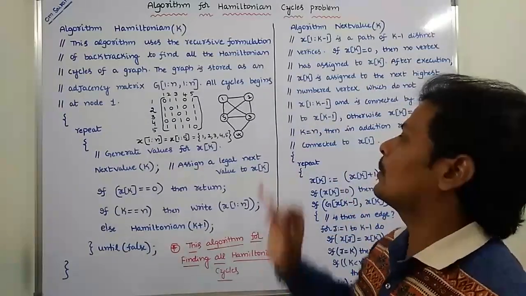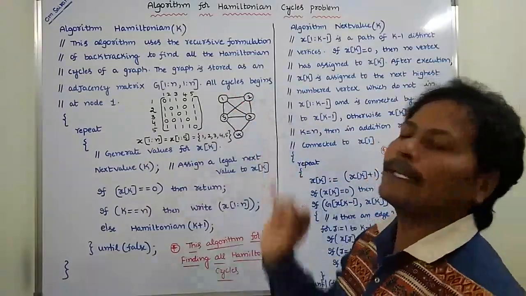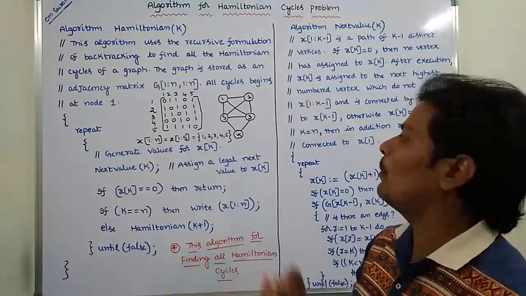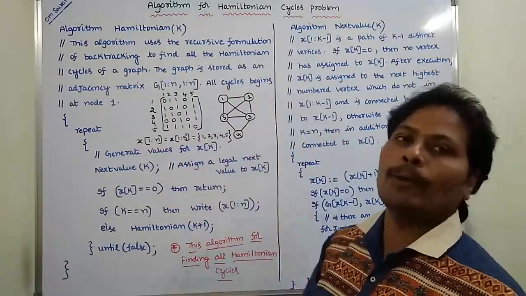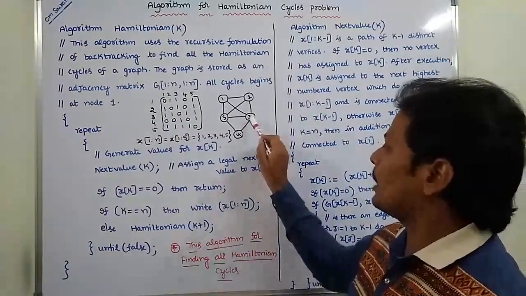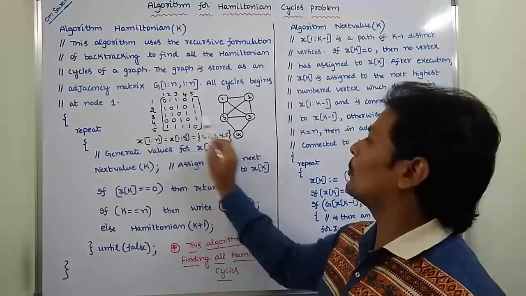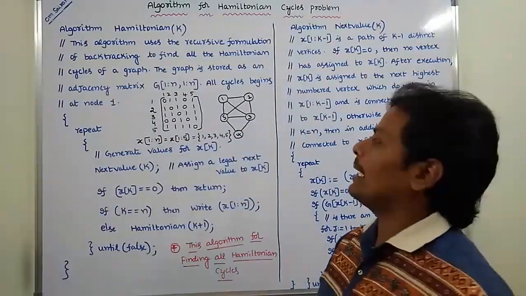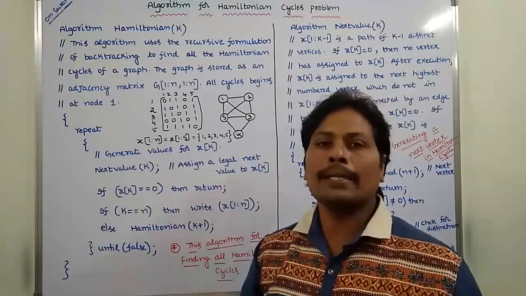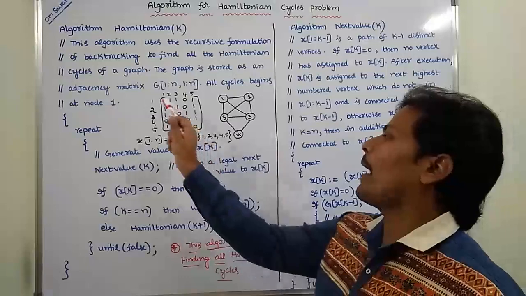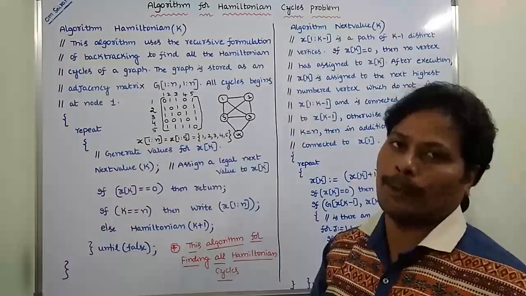So from 1 to 1 there is no self loop, because of that reason we write 0. 2 to 2, there is no self loop, that is 0. 3 to 3, 0. 4 to 4, 0. 5 to 5, 0. At each vertex there is no self loop, so the diagonal elements are 0.